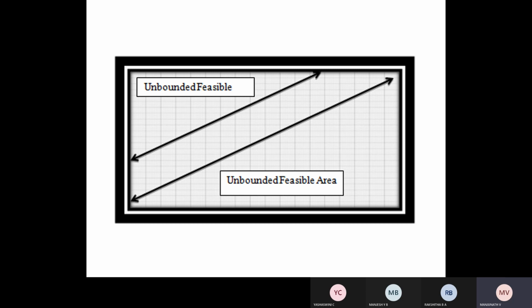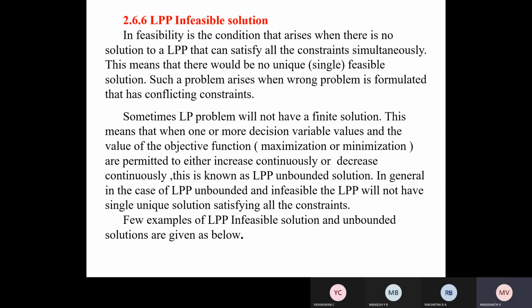I said it all depends on the kind of variables that you are going to select and the kind of constraints that you're going to select. If your selected constraints just go on increasing indefinitely or decreasing indefinitely, then the entire solution goes infeasible. That's what we technically say.